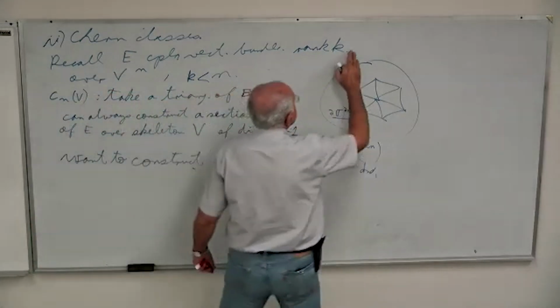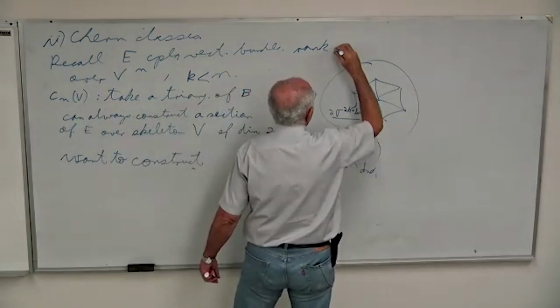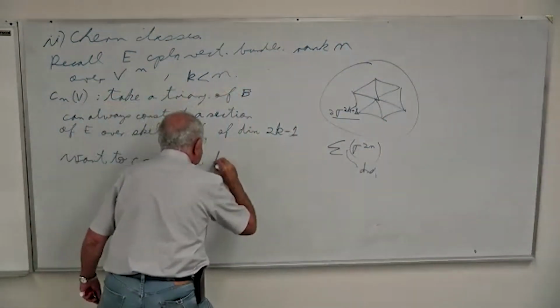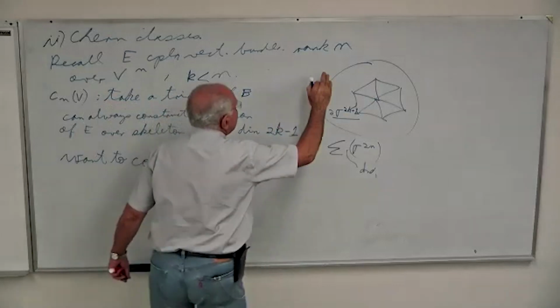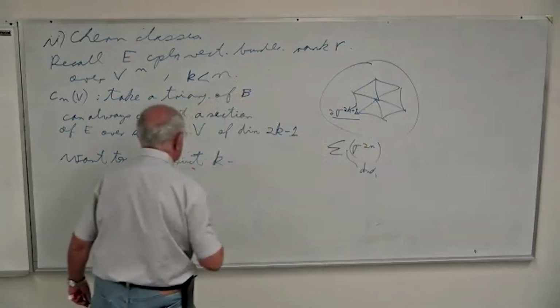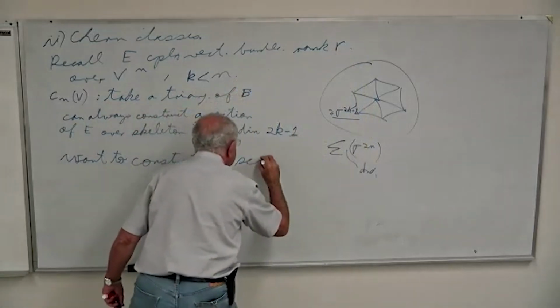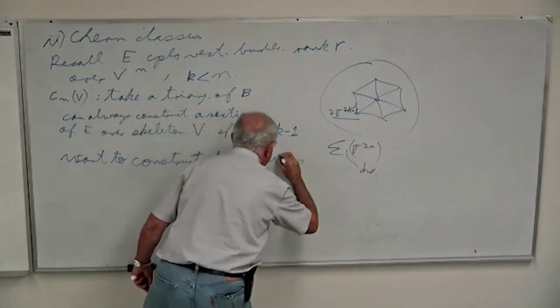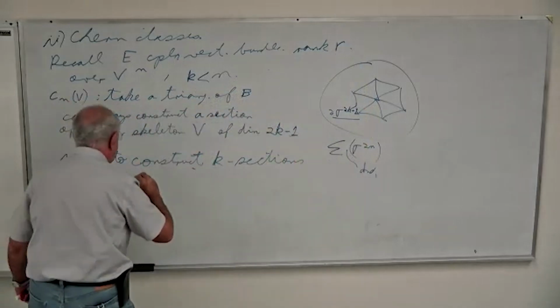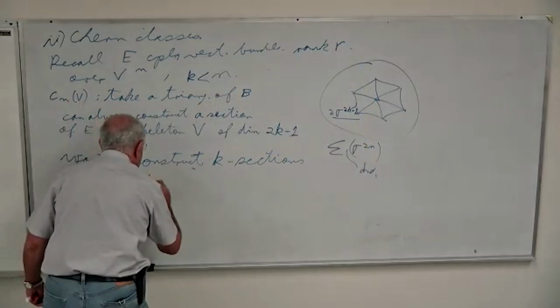So for simplicity, let me assume this is rank n. And now we want to construct k. It's okay. Rank R. Now we want to construct k sections with k less or equal to R, which is less or equal to n.